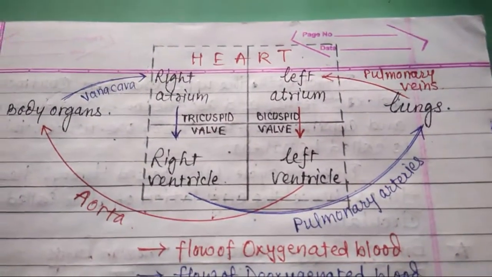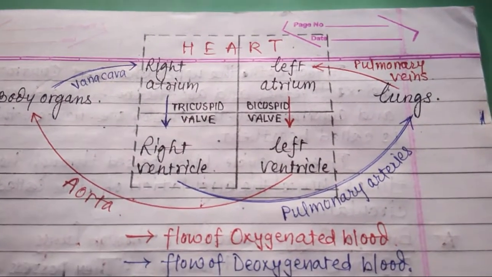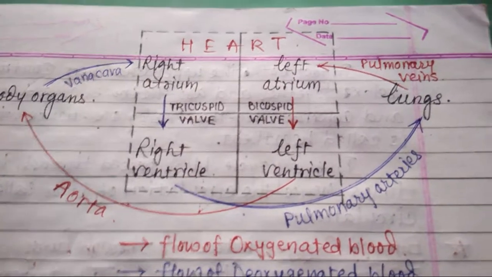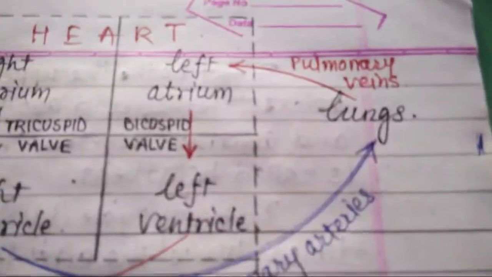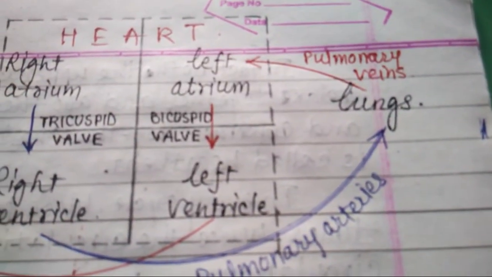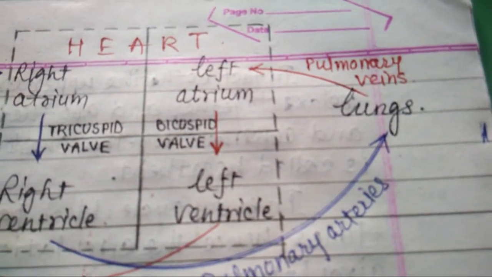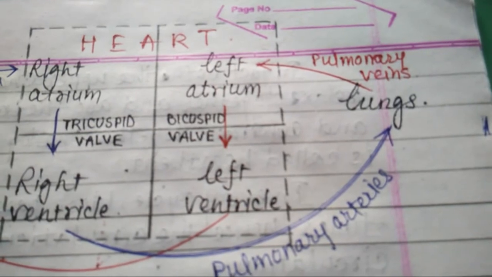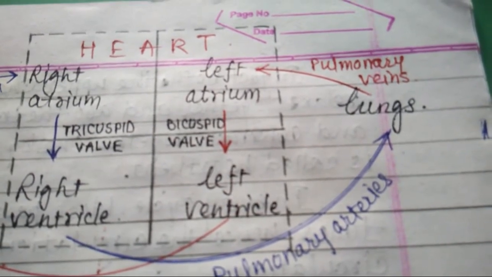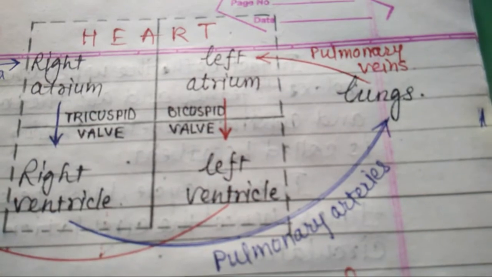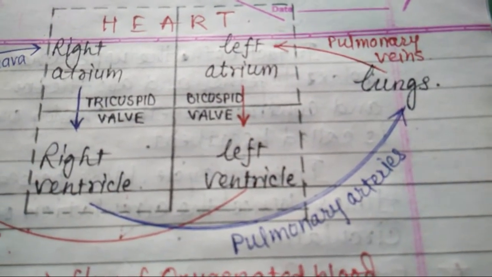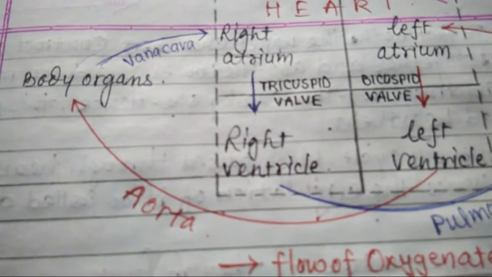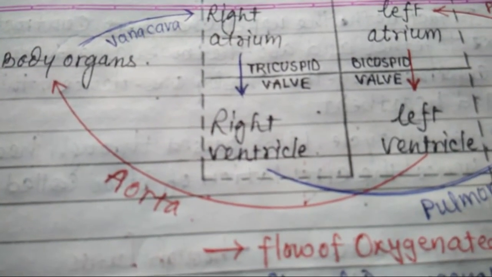So from the lungs through pulmonary veins, blood pours into the left atrium, then to the left ventricle through the bicuspid valve, and from the left ventricle oxygenated blood goes to body organs through the aorta.